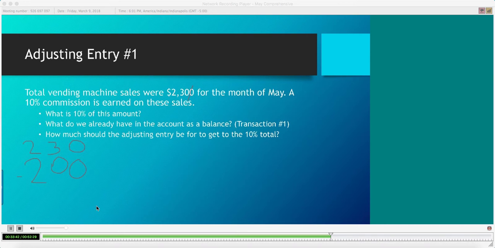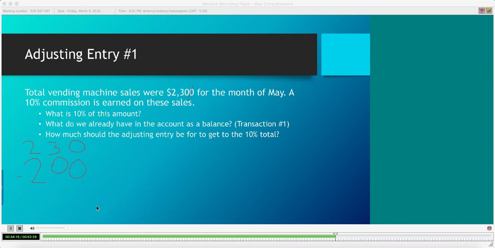And let me give you a clue. You will not adjust your cash account. You're going to adjust the revenue account and accounts receivable because we're still waiting on the snack company to pay us our $30 that they owe us. So we're going to debit accounts receivable and credit our vending commission revenue.